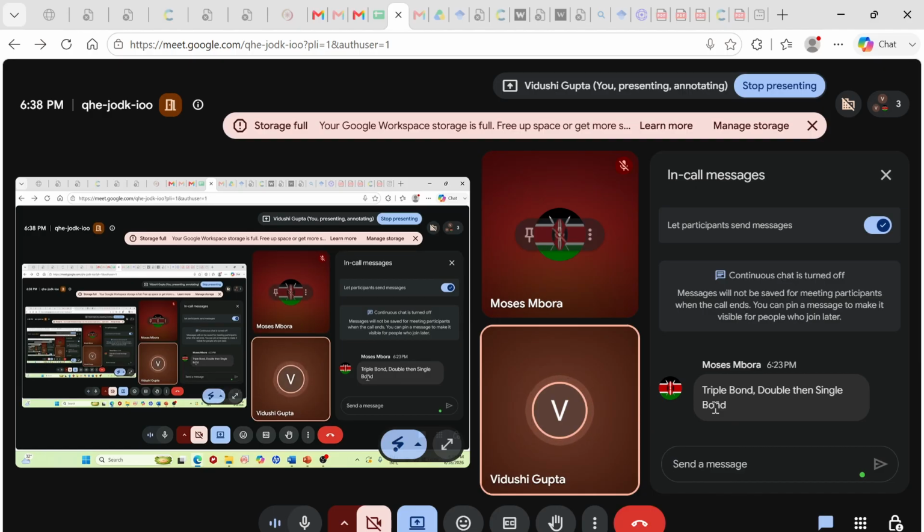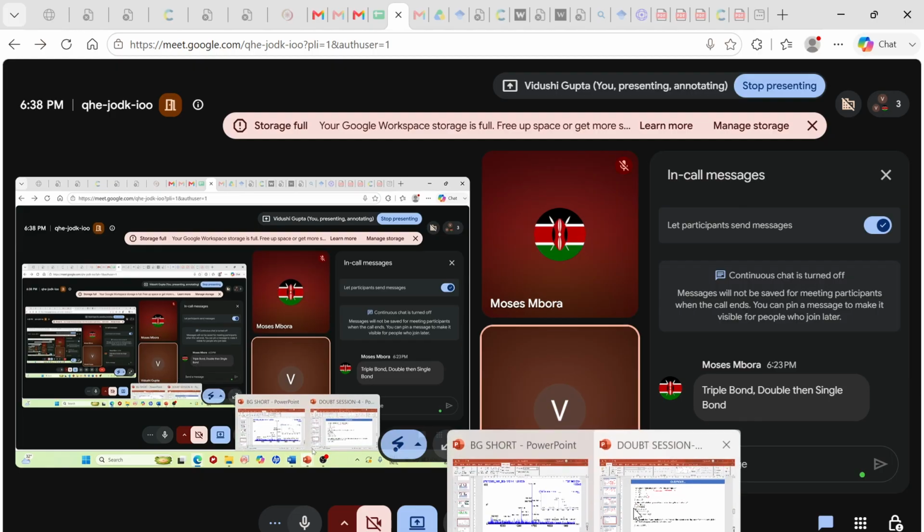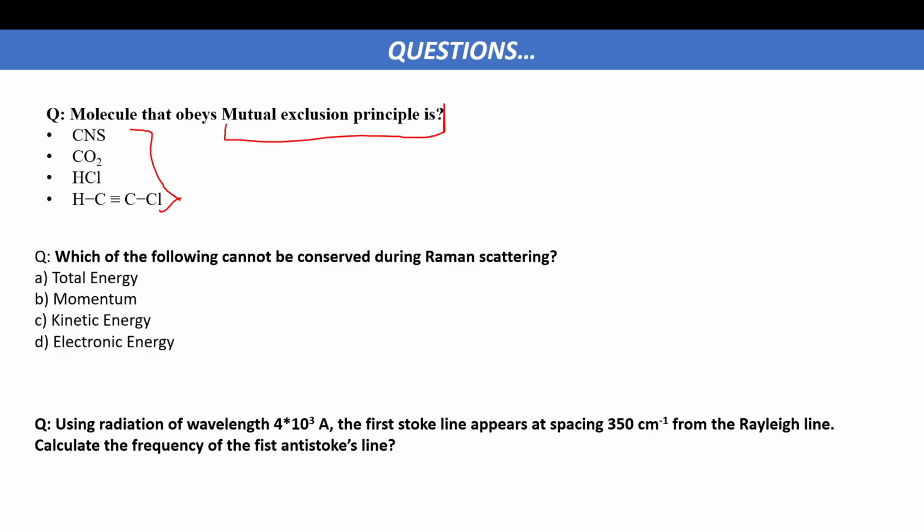Which molecule obeys the mutual exclusion principle out of these four?